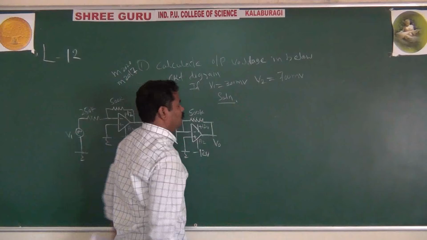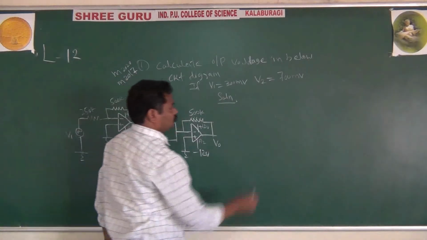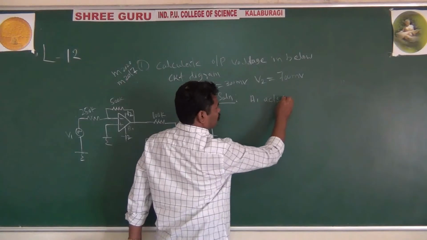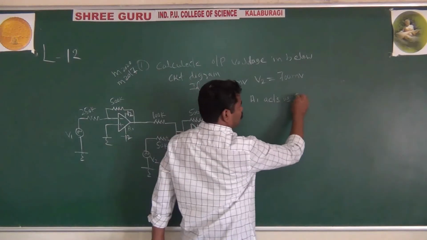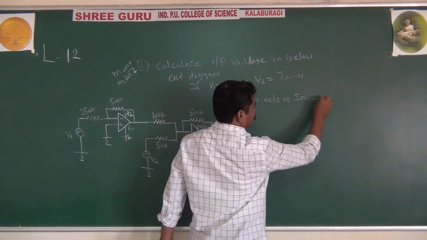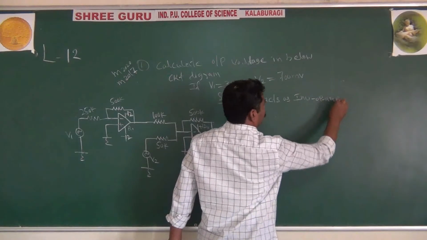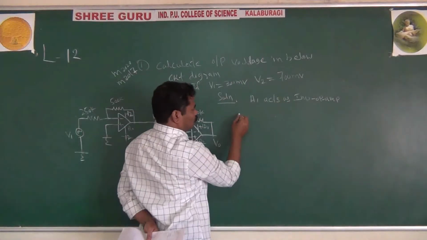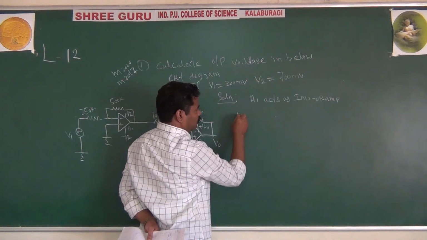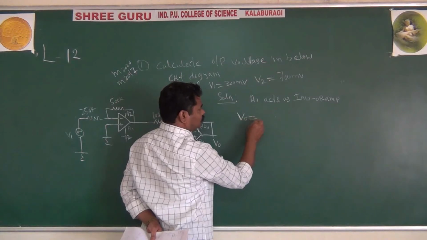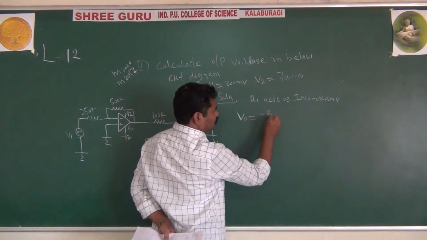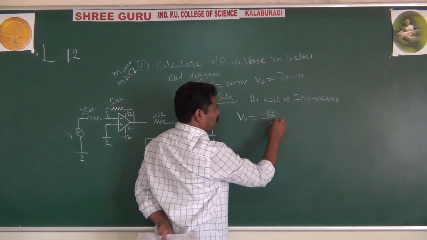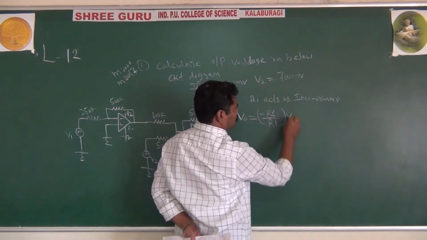The first important thing: your A1 acts as an inverting amplifier. It means we know the output voltage of an inverting amplifier, V0 equals minus RF by RI, or R1, into VI.